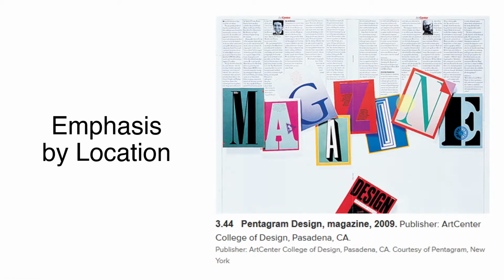In the example, Pentagram emphasized the word design through its separation from the word magazine. And by placing this anomaly at the bottom edge of the composition, they made it even more eye-catching, and with the use of this strong red color as well.